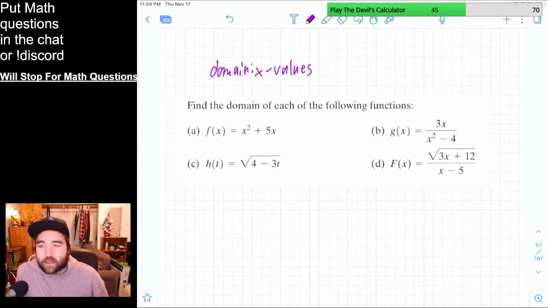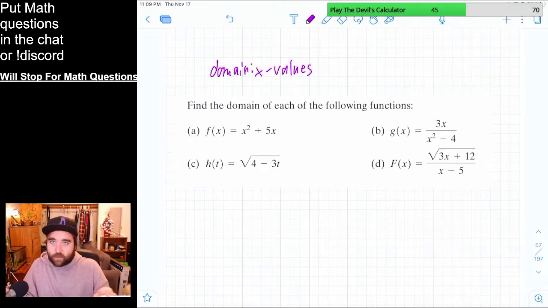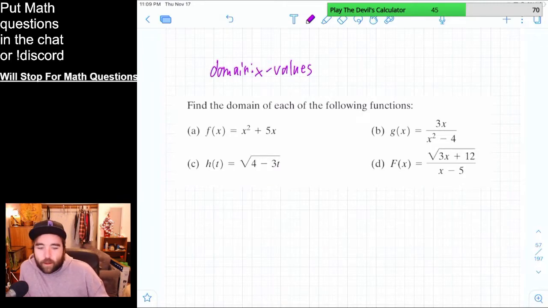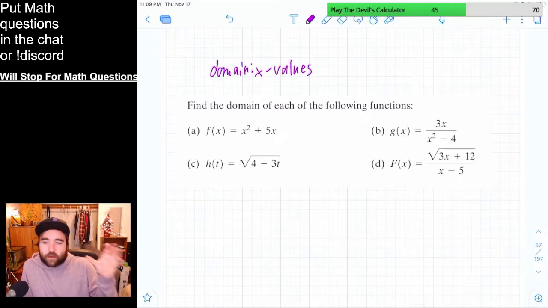So the domain is the good x values. But if you want to separate the good and the bad stuff, you've got to look for the bad stuff. That's what you normally do when you're looking for the domain. You're looking for the stuff that's not in the domain, and then the domain is everything else.